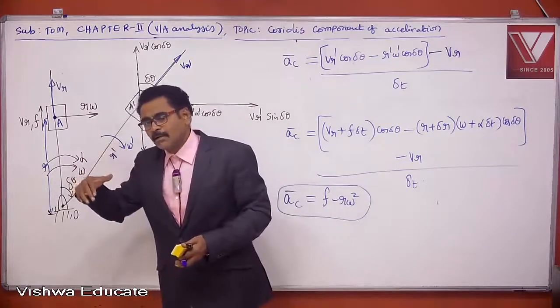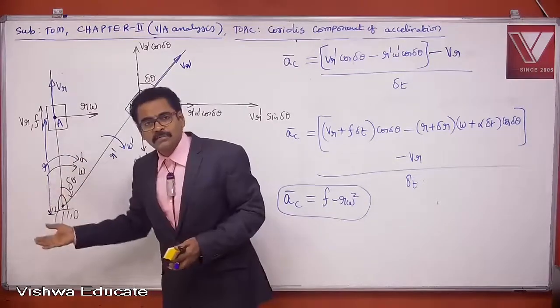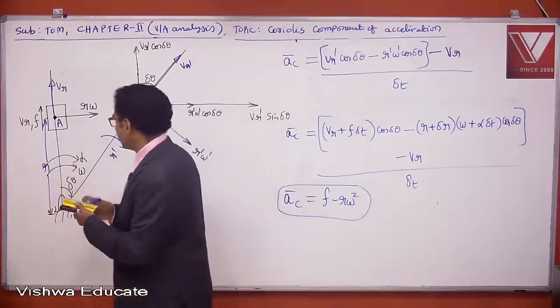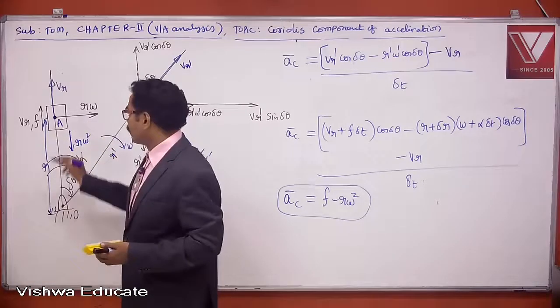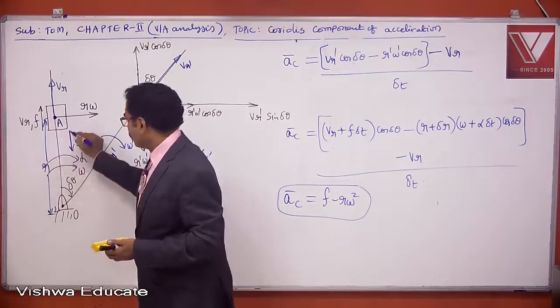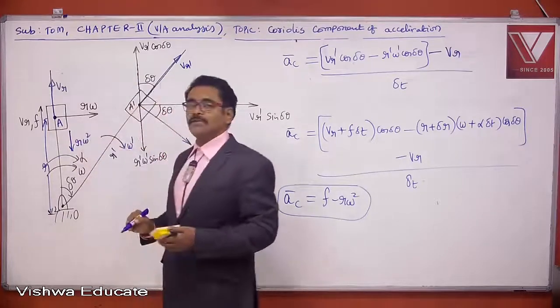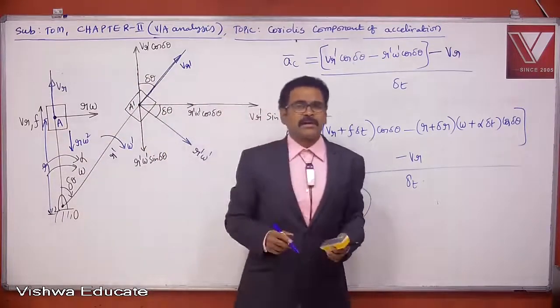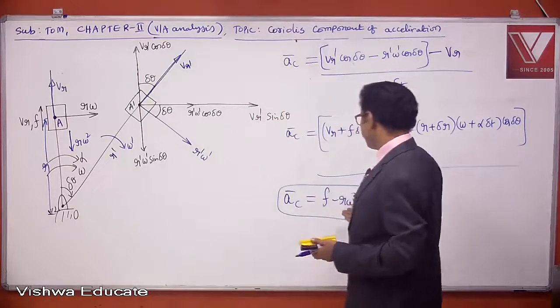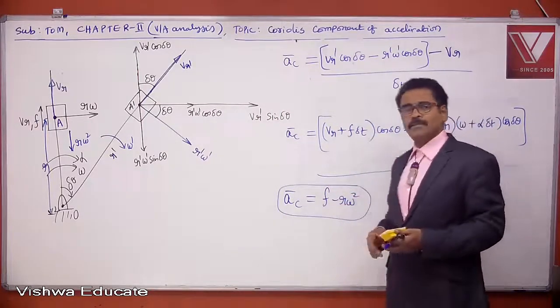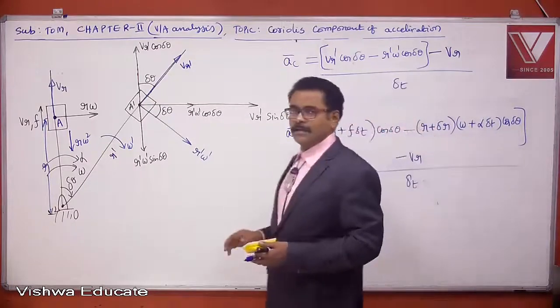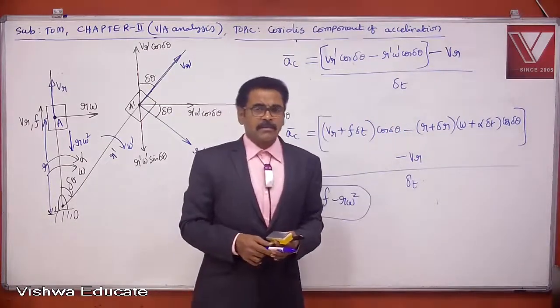Centripetal acceleration always acts towards center, so R omega square always acts like this. And what is the direction of F here? F is upward, R omega square is downward. What is the net acceleration parallel to link? Simply F minus R omega square. So without derivation also, you can directly write the total acceleration formula.